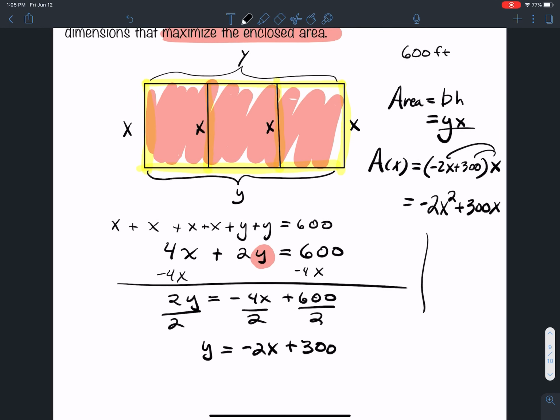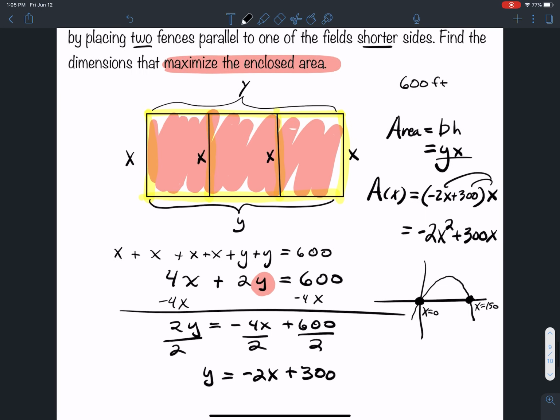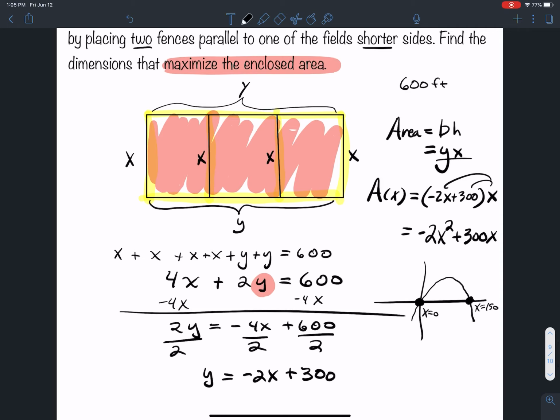If I were to graph this parabola, it would look just like this, where we cross at X equals 0, and I think this would be X equal to 150.